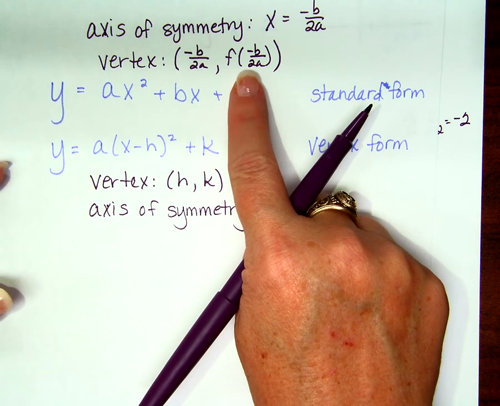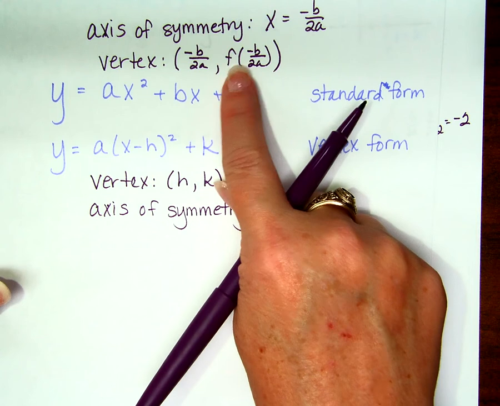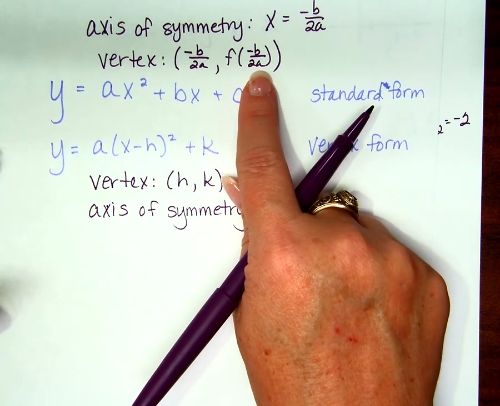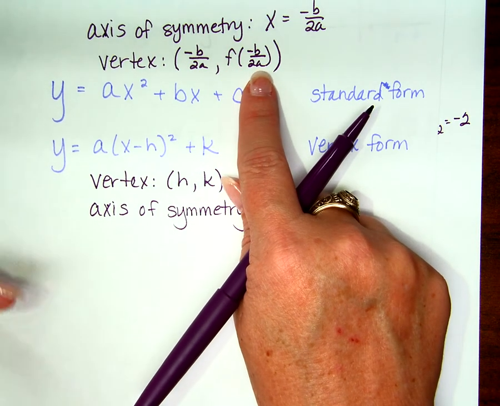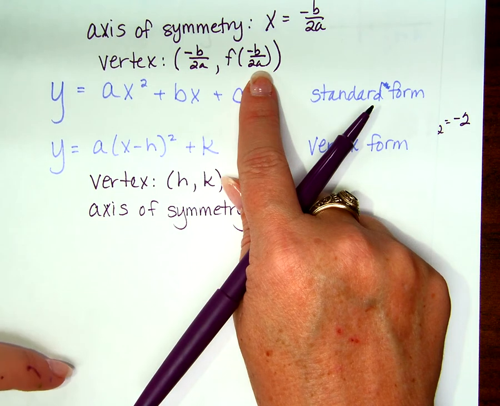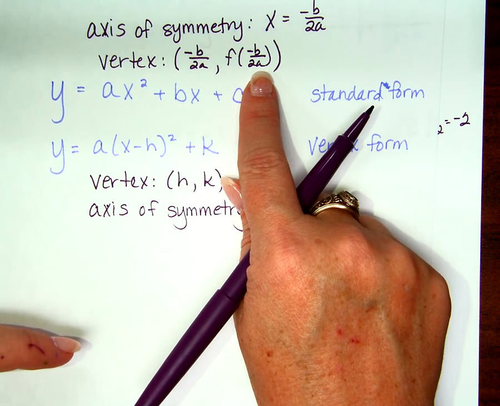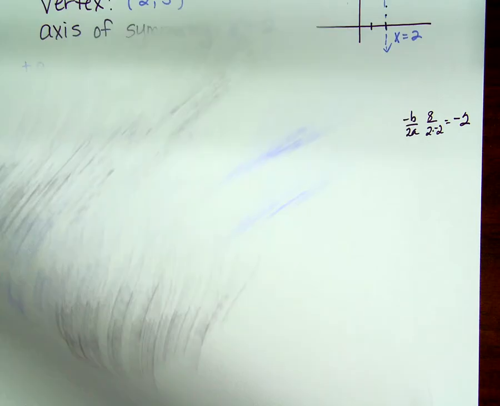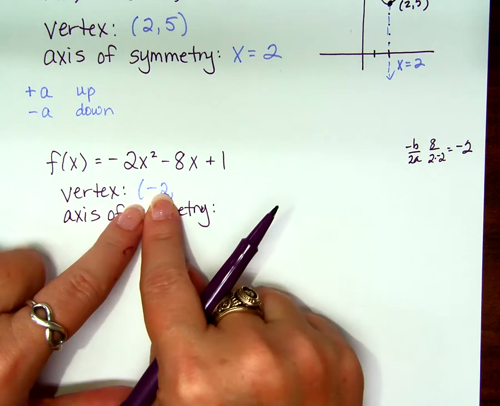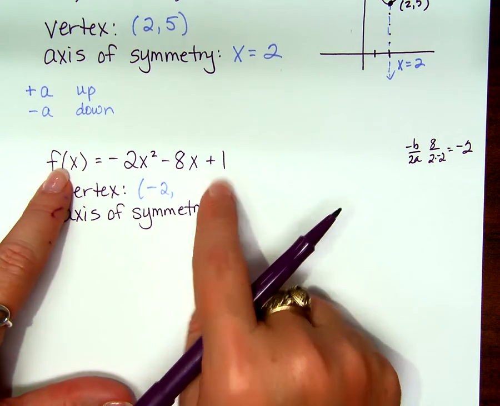Find the value of the function at negative b over 2a. What's the layman terms for that? How about plug it in? Right? I know an x. Can't I plug this in to find the value of the function?